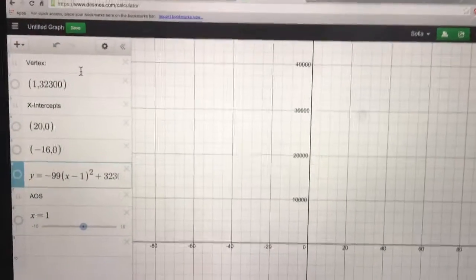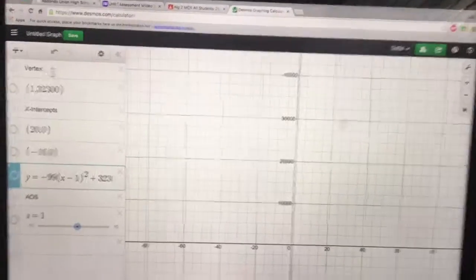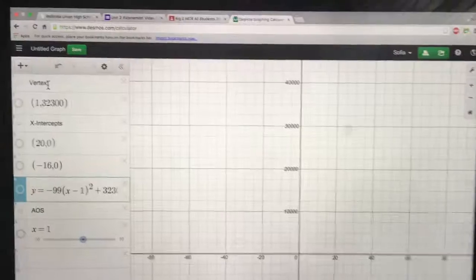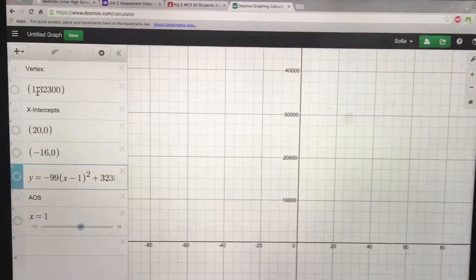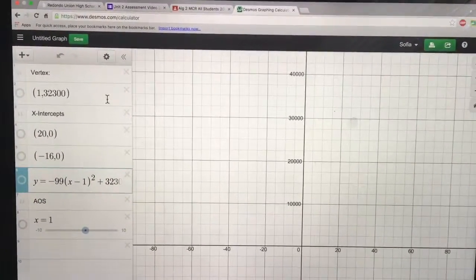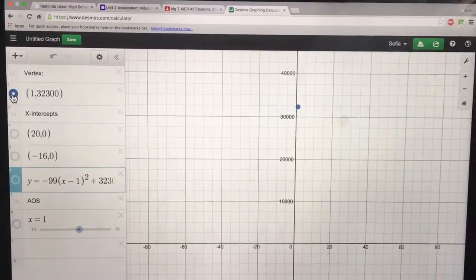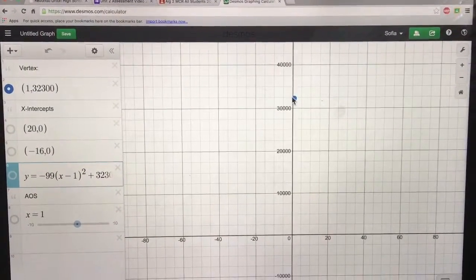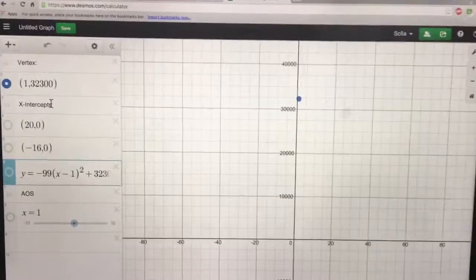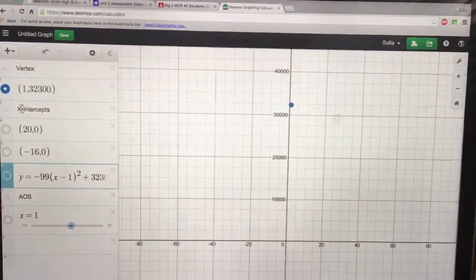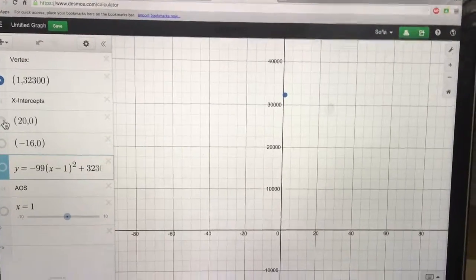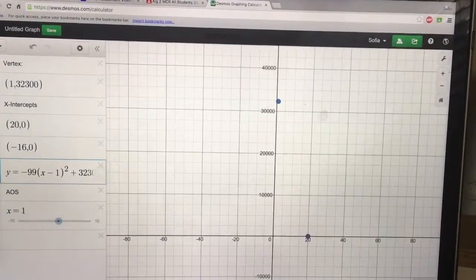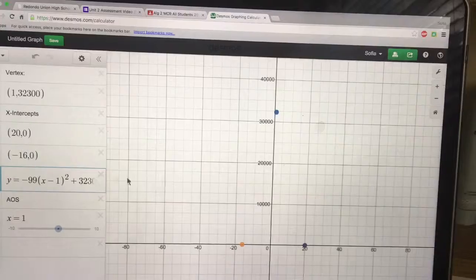So here's how we graph a GoPro problem. We know the vertex that we just worked out is going to be this, and we're going to turn that on and it should go just there perfectly. And then we already got the x-intercepts, so just going to turn them on where they should cross there.